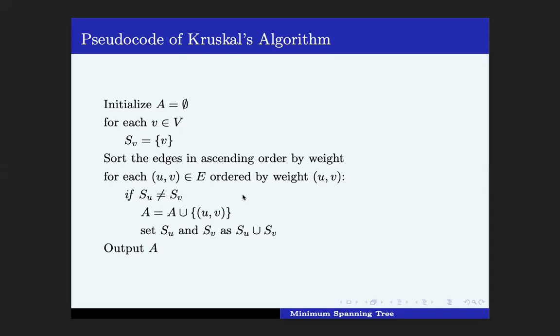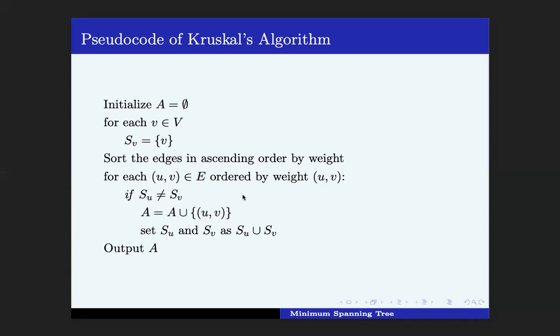At any point of time, all the vertices in a particular connected component should have the same name or same representative. How to do it is something that I'm not exactly telling you.